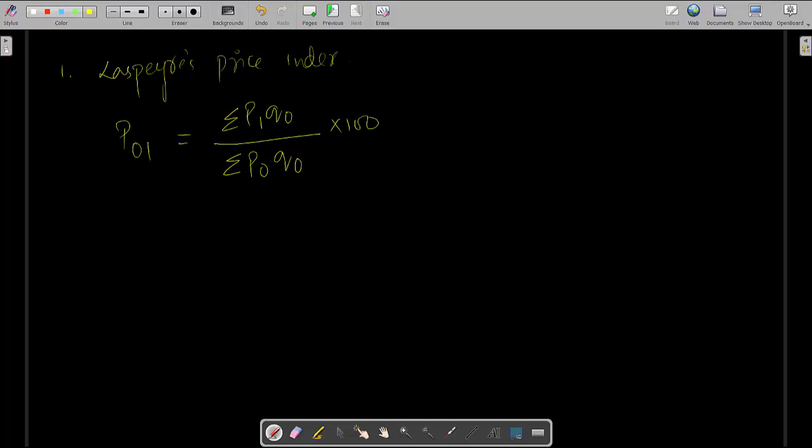That is the current year of the price and the base year of the quantity, and similarly the base year of the price and the base year of the quantity. Once you get the sum of both of these, you put it in the formula and you'll get the answer. Now the second one is Laspeyres' quantity index.